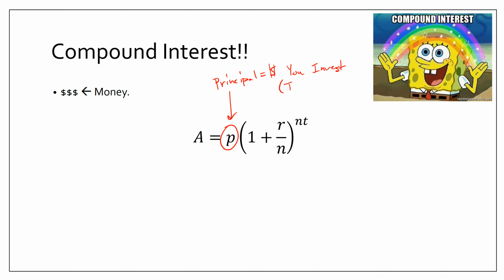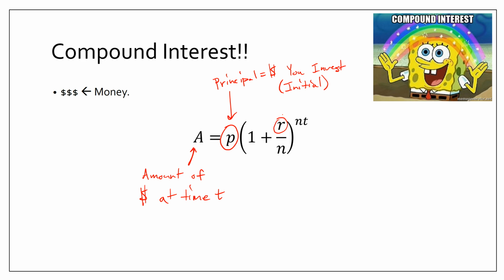A is the amount of money you have later, the amount of money you get back. Or I'll say the amount of money at time t. So you're putting a certain amount in, that's the principal, and then a couple years go by and you get money out, that's the A.